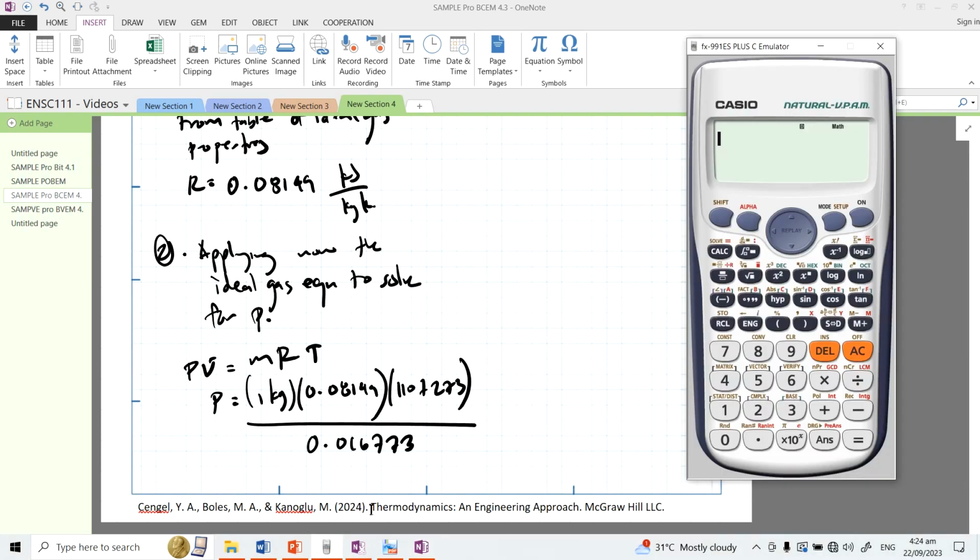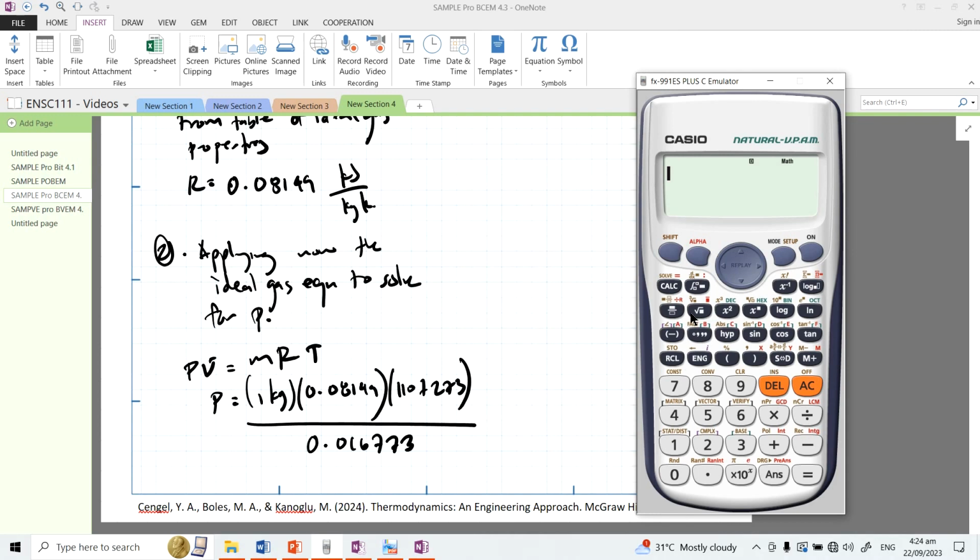Okay, so now let's compute. So 1 times 0.08149 times 110 plus 273, divided by 0.016773.